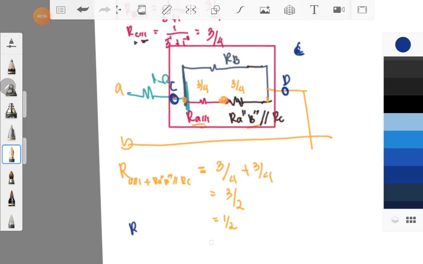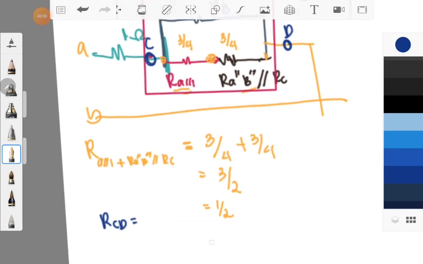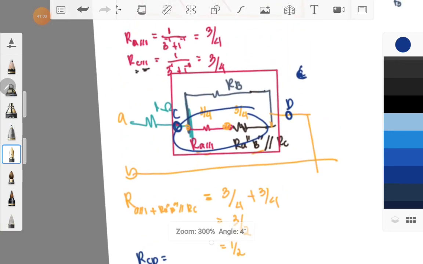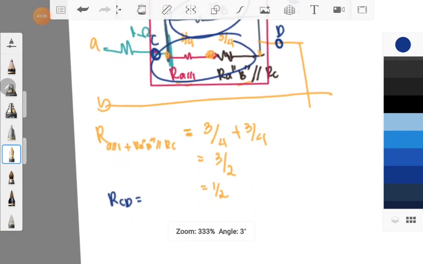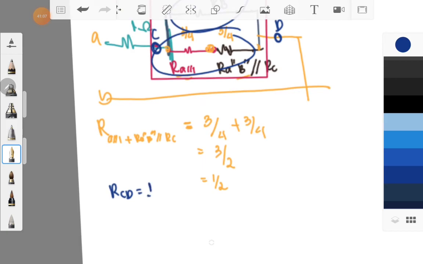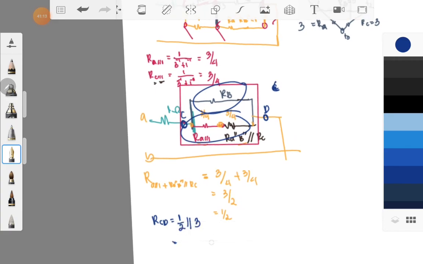Therefore, our RCD is equal to the parallel combination of this resistance and your RB. So we have 3/2 in parallel with 3, right? 1.5, 3 halves in parallel with 3.